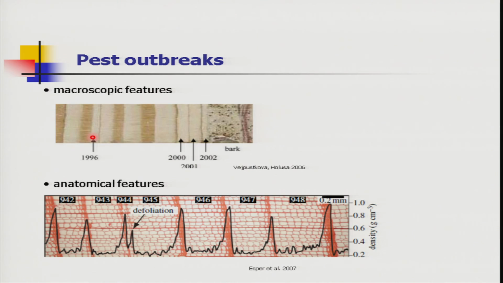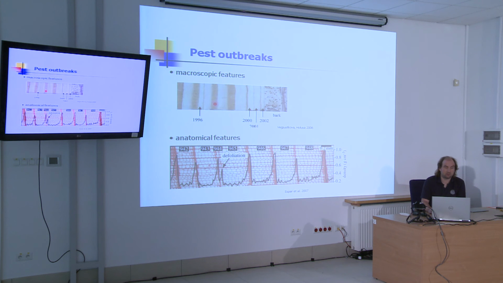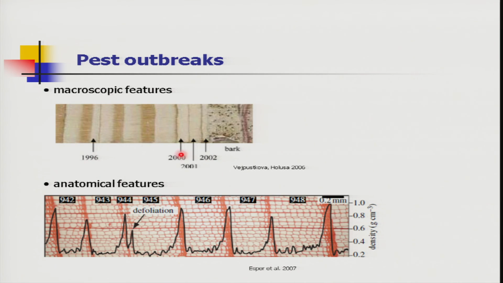So here you can see structures indicated with arrows, of very narrow width. This darker part of the tree ring is very thin. And when it was compared with the outbreaks of pests, it turned out that these were the years when some foliage eaters destroyed the stands.